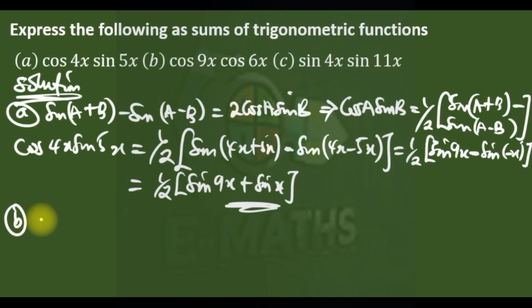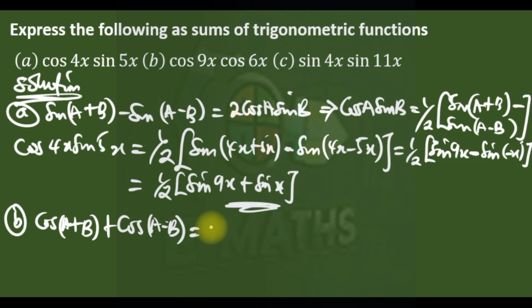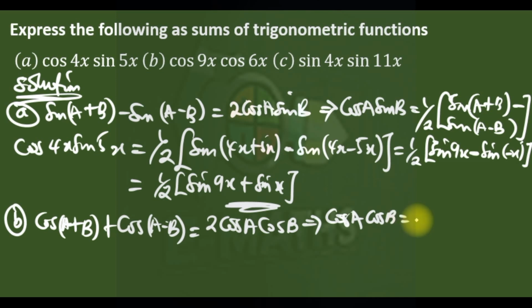Since we know that cos A plus B plus cos A minus B is equal to 2 cos A cos B, it implies that cos A cos B is half of cos A plus B plus cos A minus B.